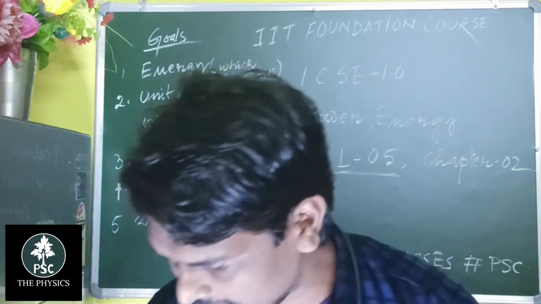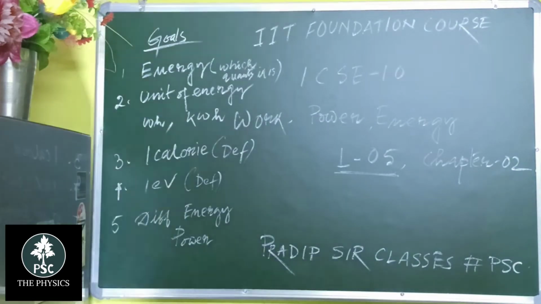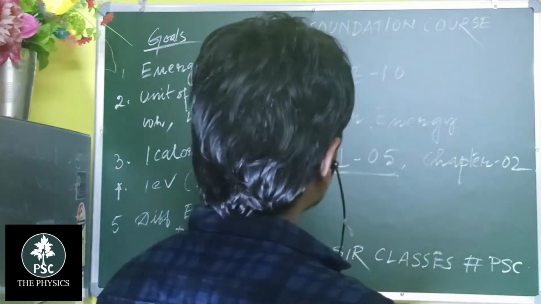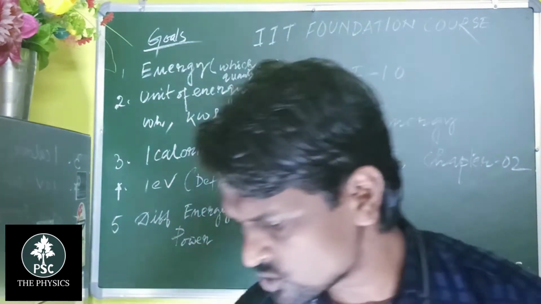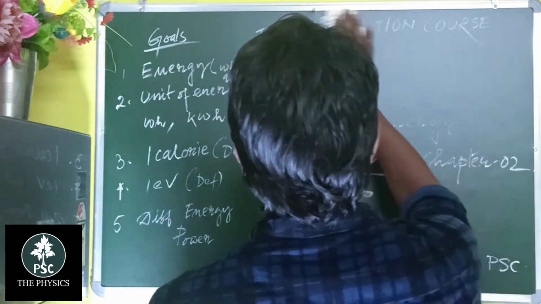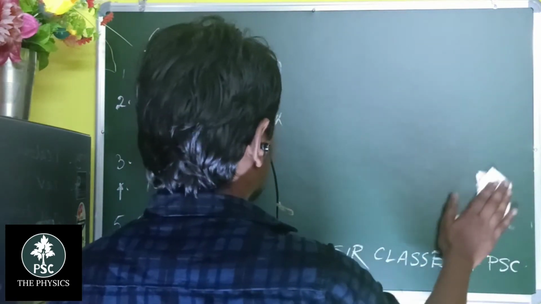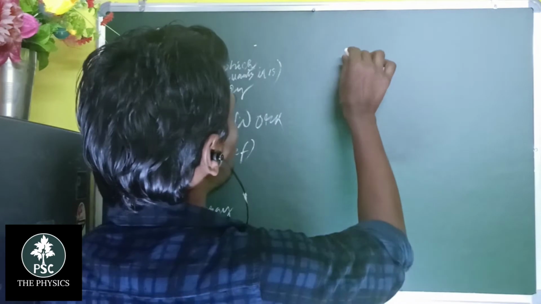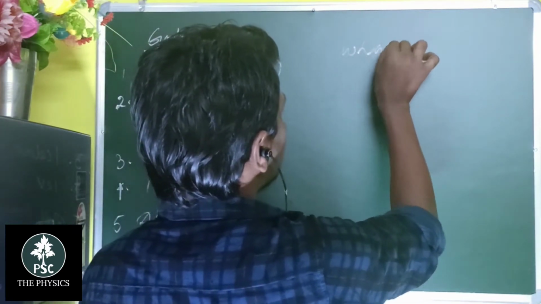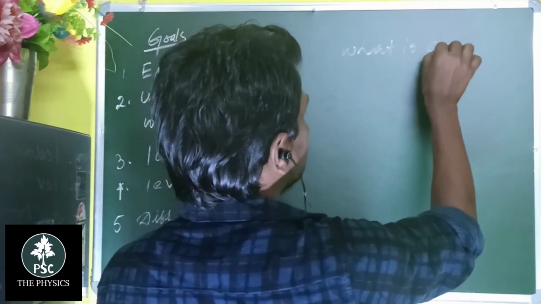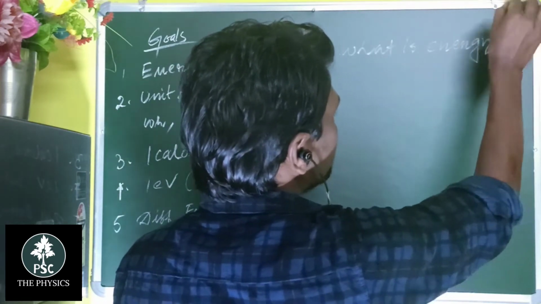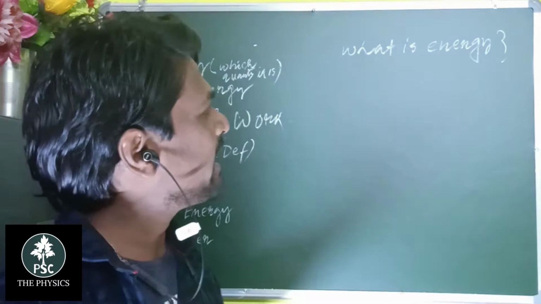First of all students, write down the definition. What is the definition? The energy of a body is its capacity. So first of all students, write down a question: what is energy? Or you can easily write define energy.